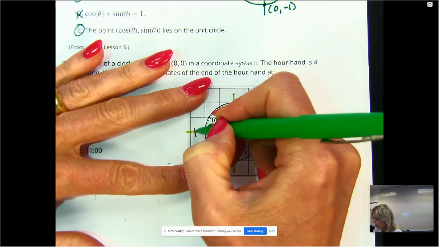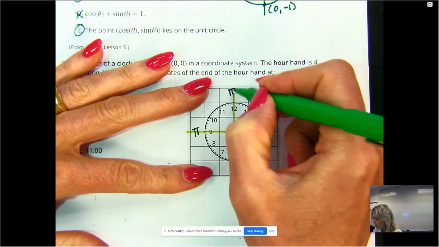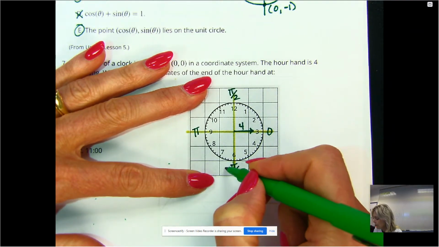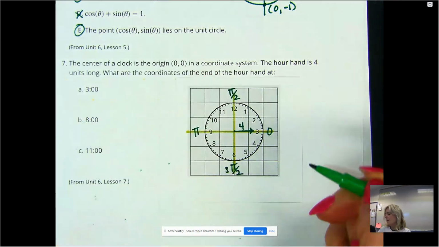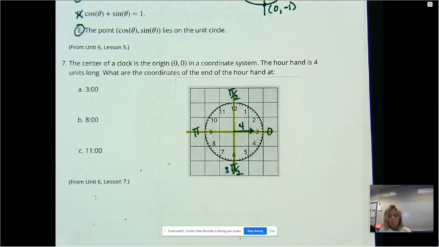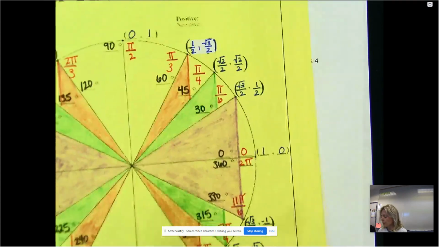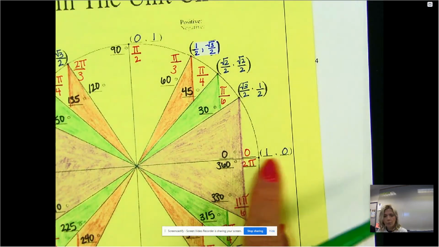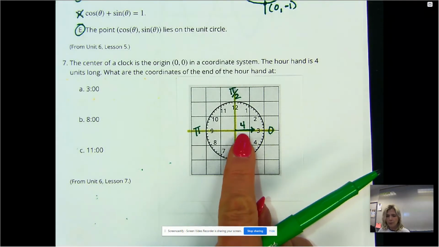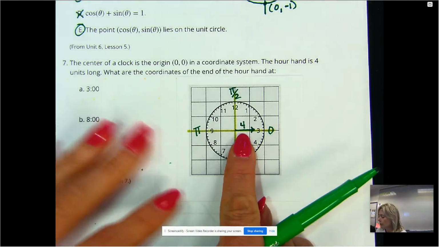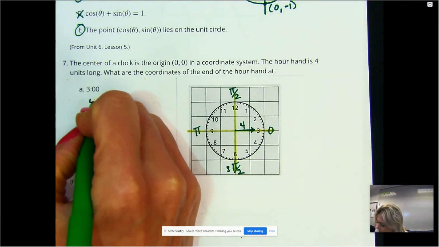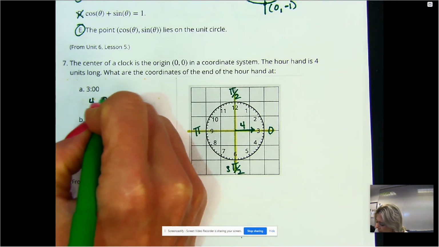Over here is pi, pi over 2, 3 pi over 2. Okay, and so right here, the coordinates would be 1, 0, right? However, if this is 4 units long, then it's going to be 4 times 1, which is 4, and 4 times 0, which is 0.